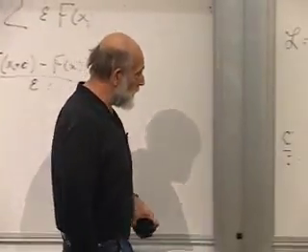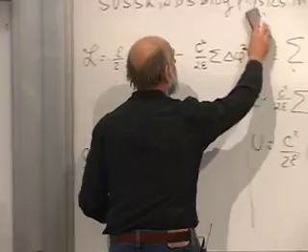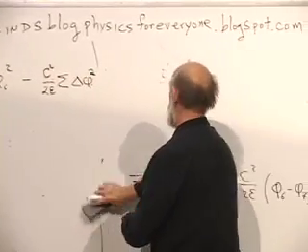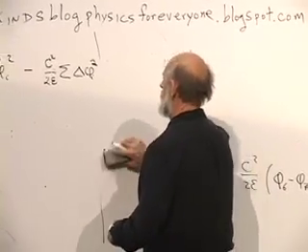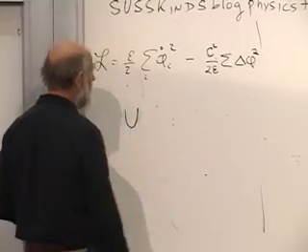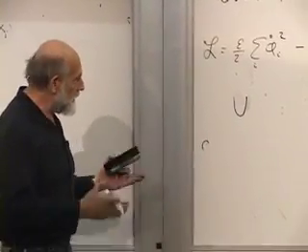Now for the potential term in the Lagrangian. Okay, the potential term in the Lagrangian, that's u, or we want minus u, but let me write down u.